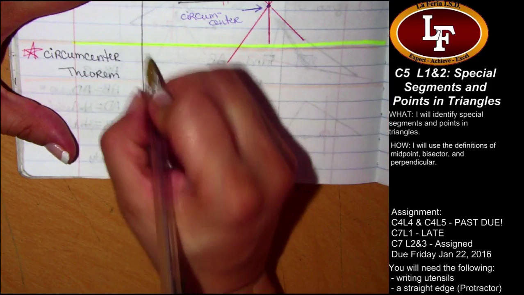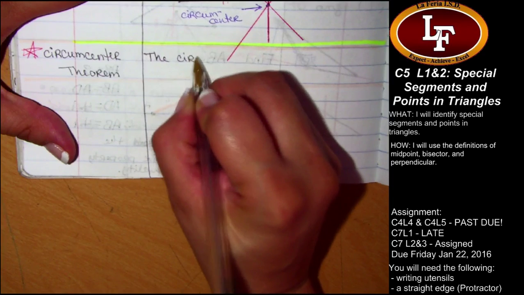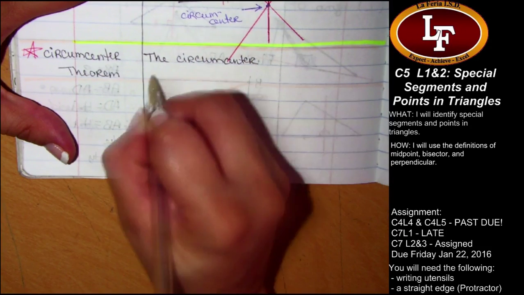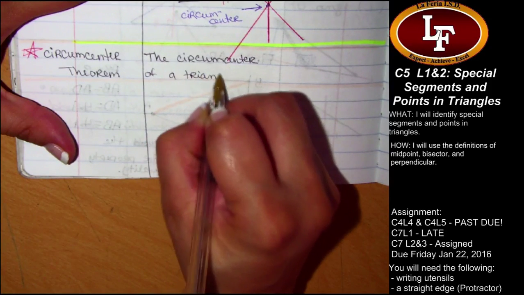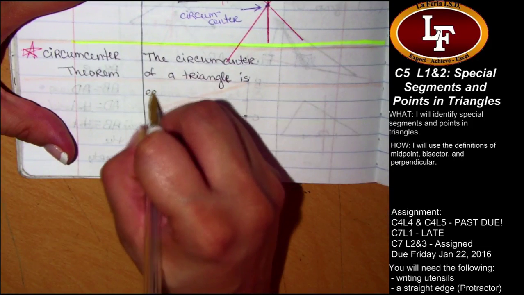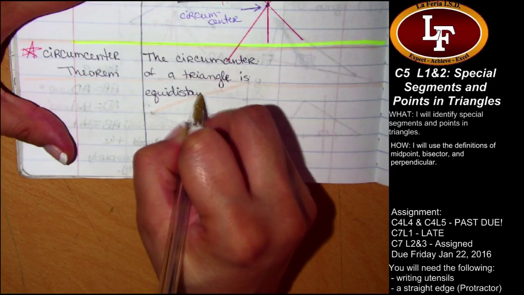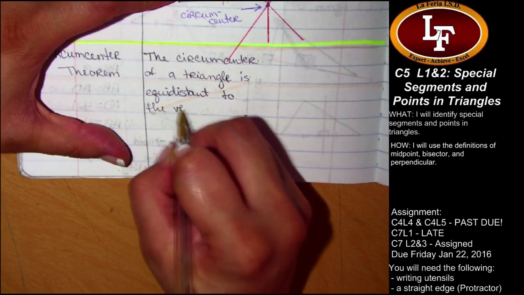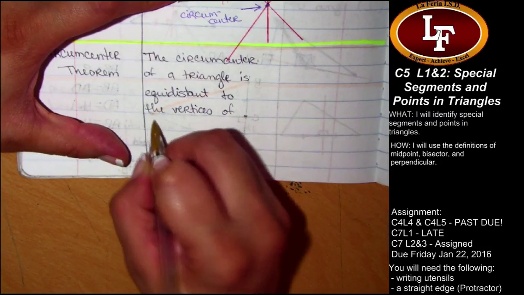Okay? The Circumcenter Theorem says this. It says the circumcenter of a triangle is equidistant to the vertices of the triangle.